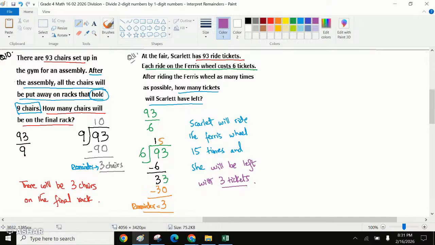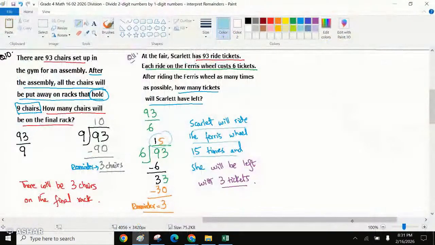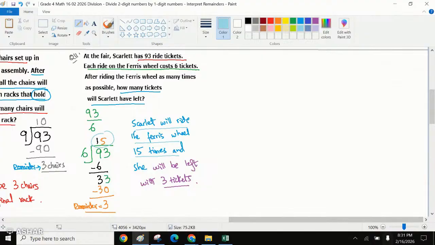Even though she rode 15 times, that was not a requirement of the question, right? I'm just assessing this information. That means she is riding 15 times, but she is left with 3 tickets in the end that she cannot use because 6 tickets is the cost for riding. Okay. So let's have a look at another example.